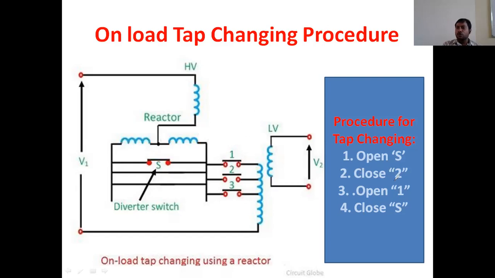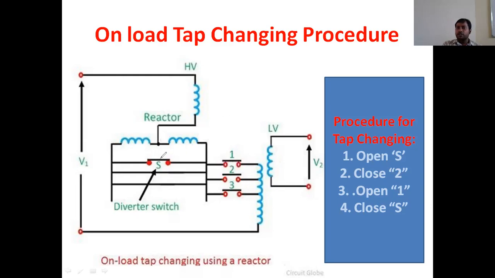Now close switch 2. Actually, selector 1 is in closed position, while 2 and 3 are in open position. So we need to close these two tapping positions. Presently, 1 is closed and 2 and 3 are open.